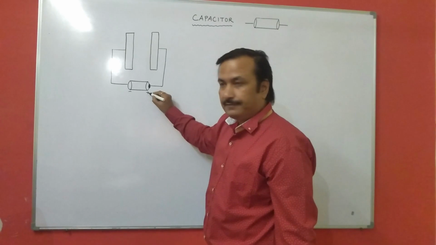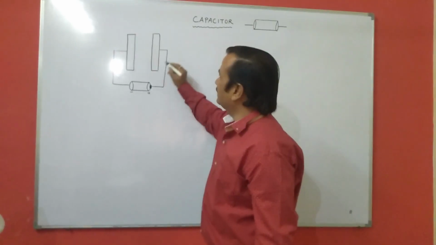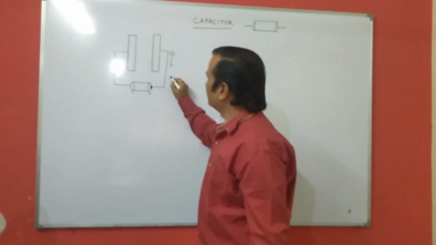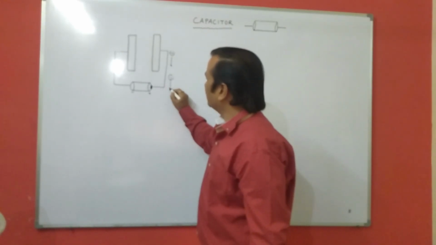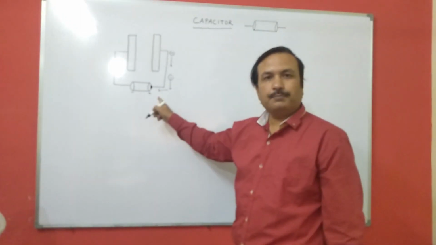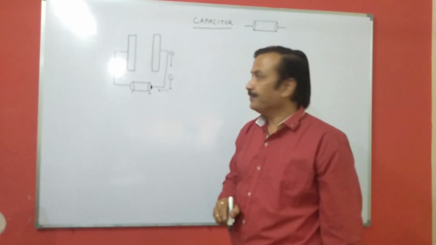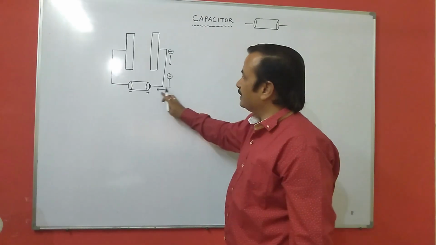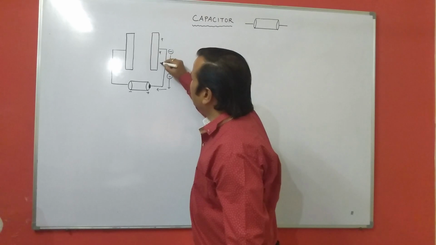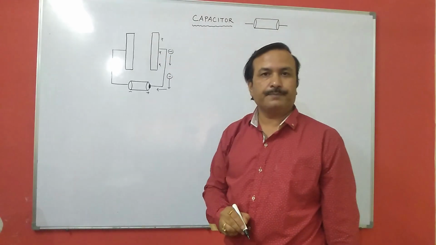since it is positive, the negative charges will start attracting towards the positive terminal of the battery. When negative charges come towards the positive terminal, they leave positive charges over the metal.